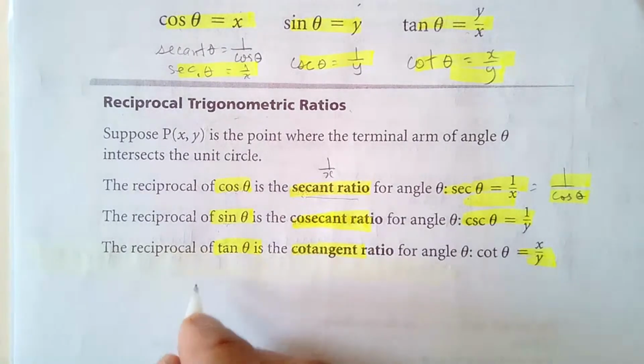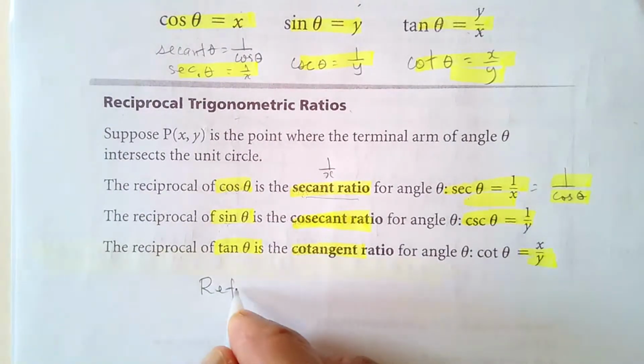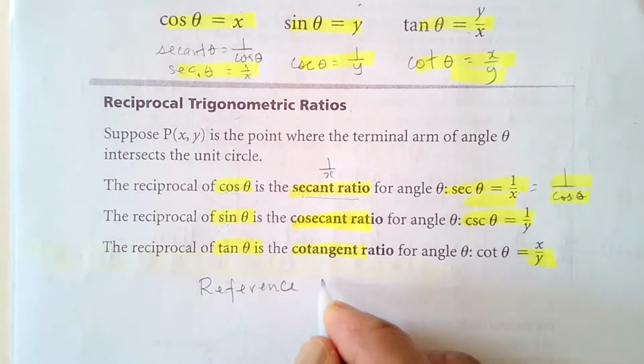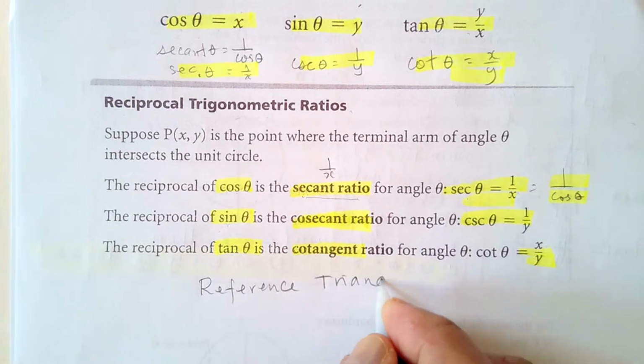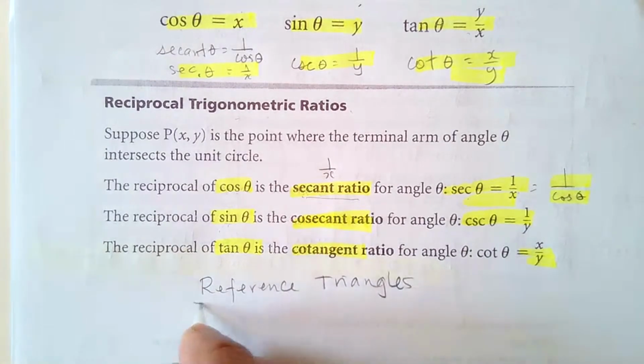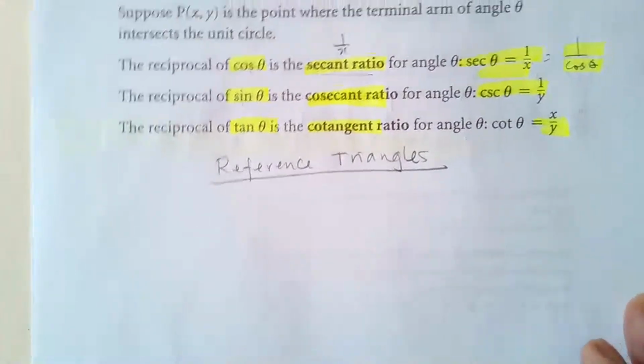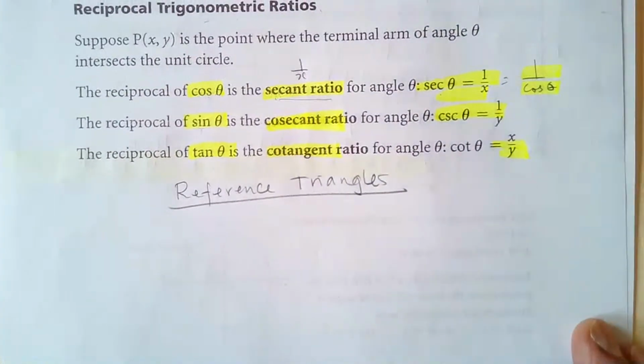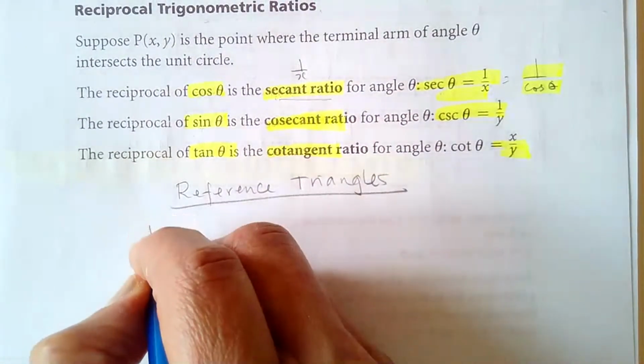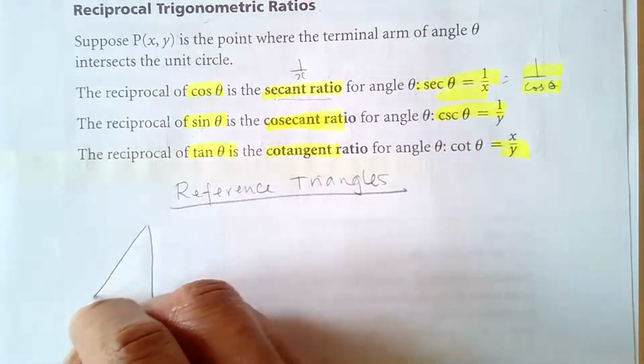Once you remember these reference triangles, you need them too. The first one we've established already: 45 degrees.